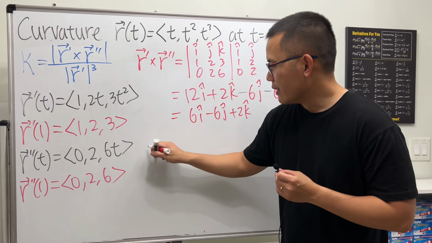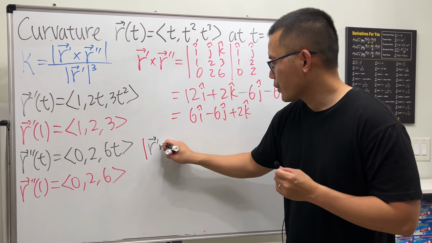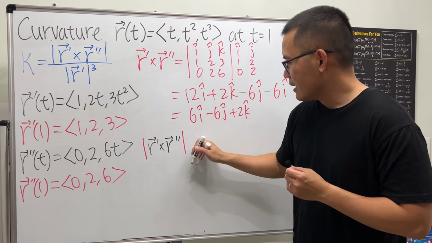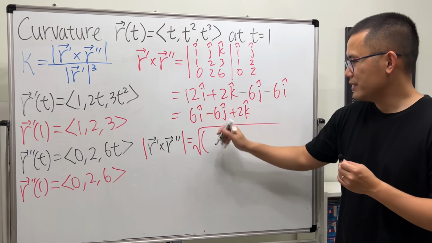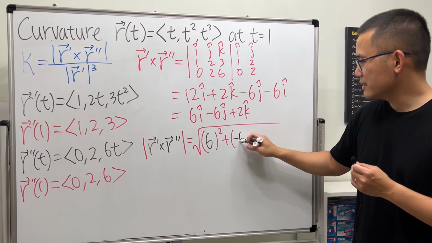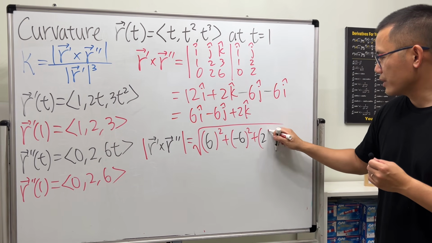Now we will have to do the magnitude of this thing. So here we go. The magnitude of r prime cross r double prime is just going to be, we open the square root, and then we square this, add the square of negative 6, and then add 2 squared.